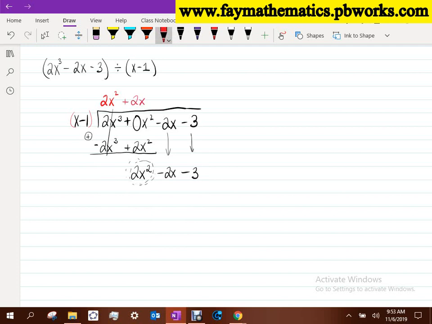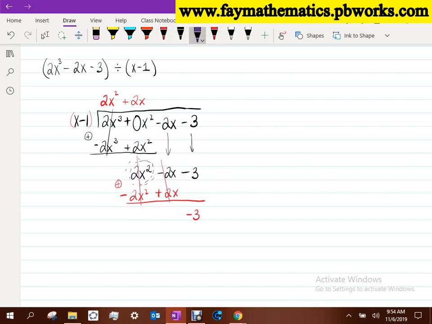So multiply by 2x. 2x times x gives me 2x squared. 2x times negative 1 gives me negative 2x. I'm going to negate everything and add straight down. So those wipe away, and now it leaves me a remainder of negative 3.